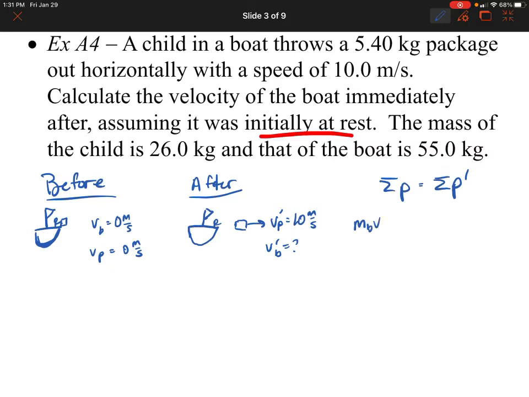So I'll have the mass of the boat times the velocity of the boat before, plus the mass of the package times the velocity of the package before, which are, of course, both 0. That is equal to the mass of the boat times the speed of the boat afterwards, plus the mass of the package times the speed of the package afterwards. Again, I put those little ticks there to say that that's going to be afterwards. So these are both 0 beforehand because we're assuming they're at rest initially.